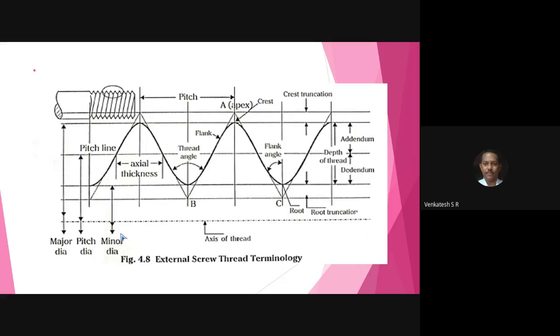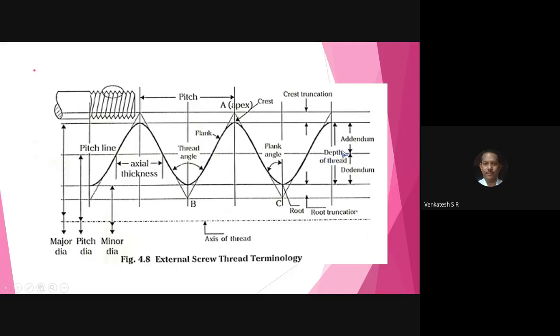The axis passes through the center of the bolt, and the upper portion is called addendum and the bottom portion is called dedendum.